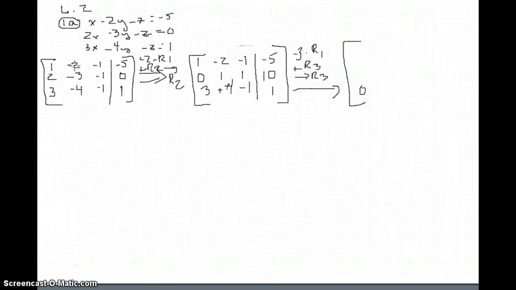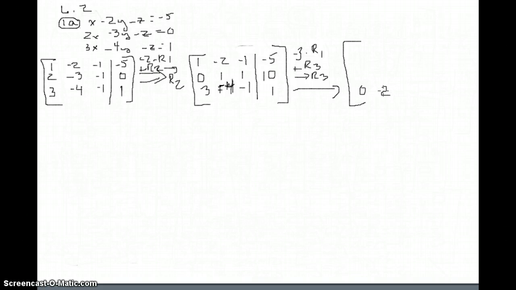-2 times -2 is 4, plus -3 is 1. And we put it into row 2. So this is -4 from right here. Okay, so we're going to take -3 times row 1, which makes that 6, plus -4 is 2.